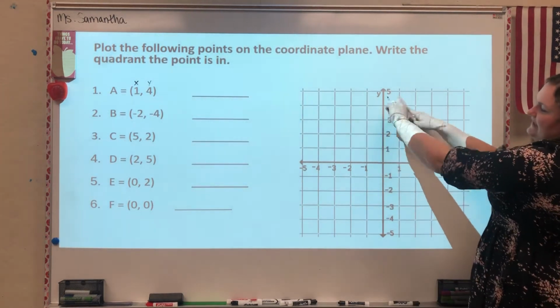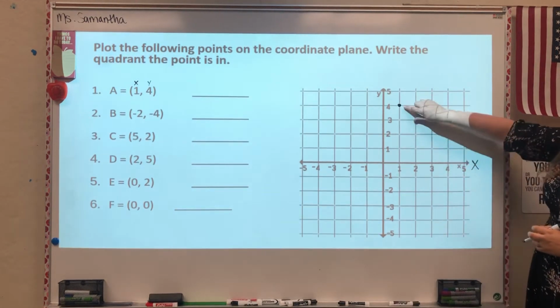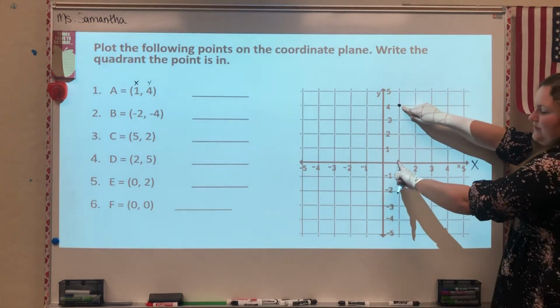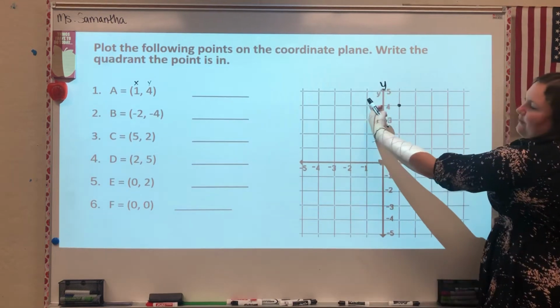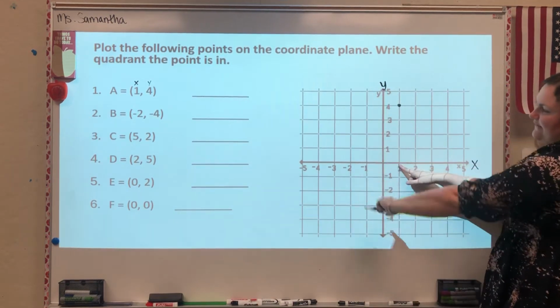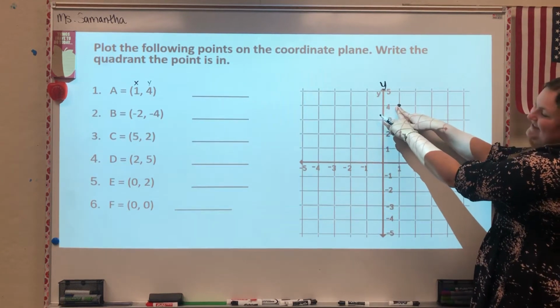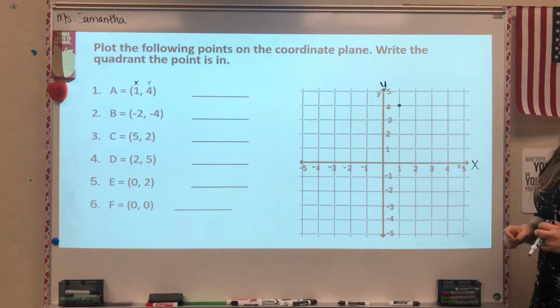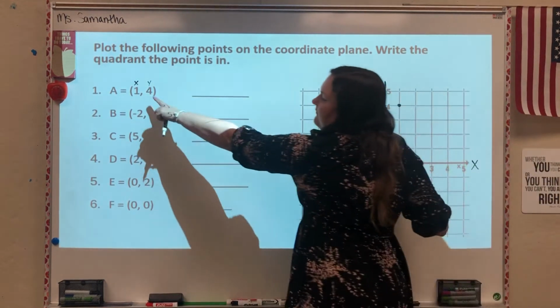So my point is going to be here on 1, and then 4 on y. So my point is where those 2 numbers intersect, right there. Again, this point is the point that has 1 on our x-axis and 4 on our y-axis. You can also just start at 1 on your x-axis and then count up 4.